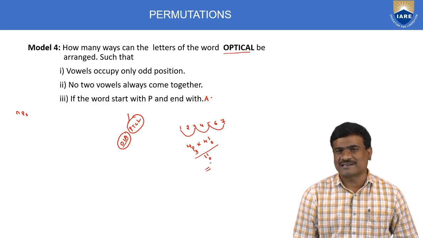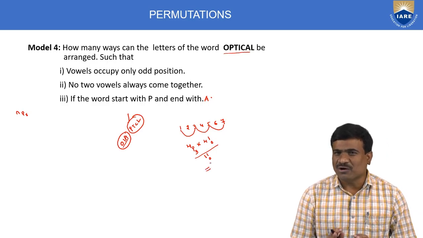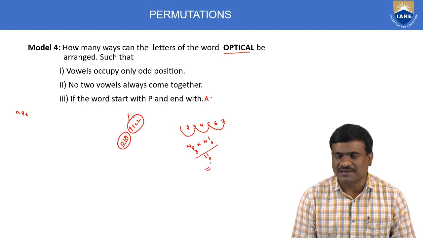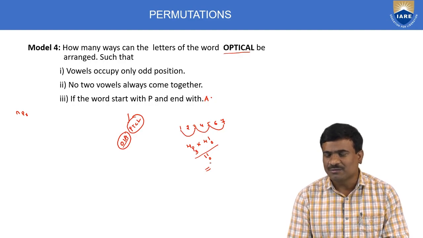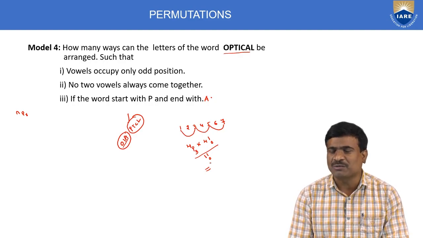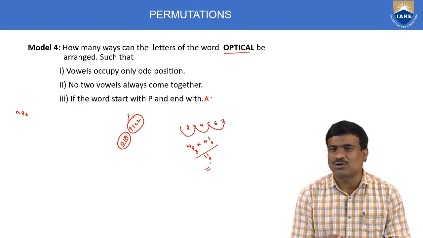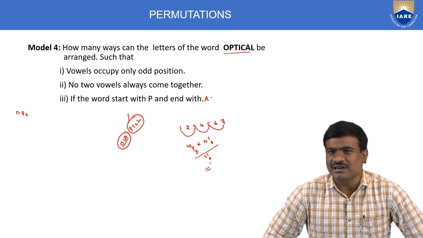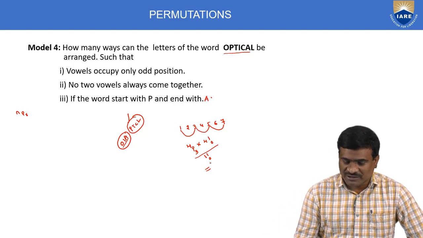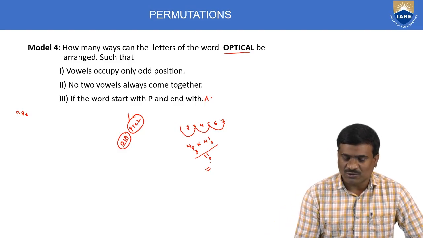Once again, if the problem belongs to permutation, in the denominator you always write the repetition of letters. Your first answer is 4P3 into 4 factorial.